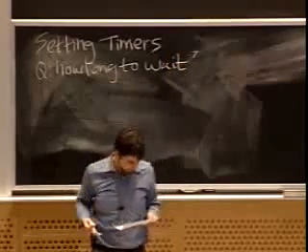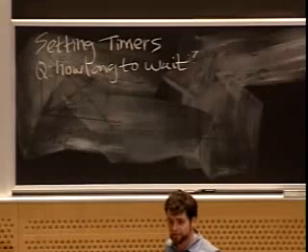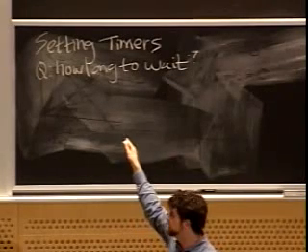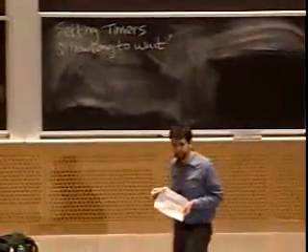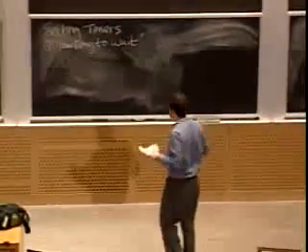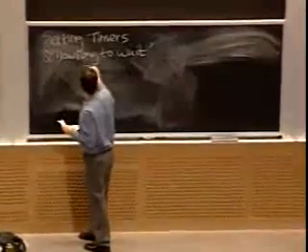A simple answer is, whatever the round trip time of the network is: however long it takes for a message to reach the receiver and then for the acknowledgement to be sent back to the sender. We call that the round trip time, or the RTT. So we'd like to wait at least RTT, right?